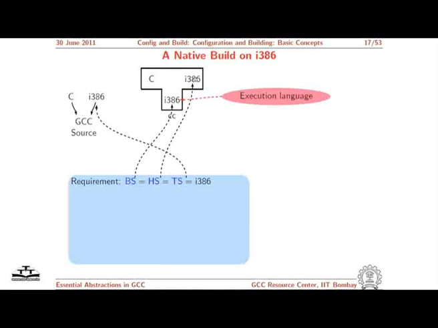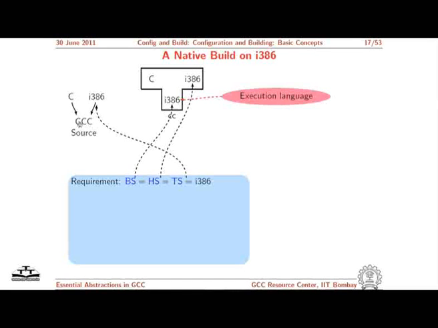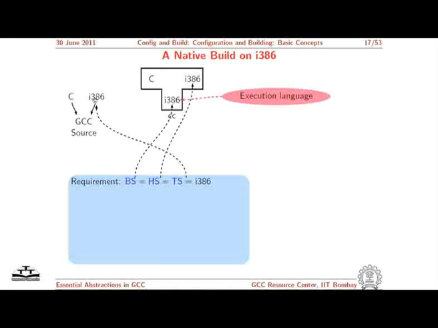The fact that the output language is i386 comes from the fact that my host system is i386. I'm going to compile GCC source and it has to run on i386. So therefore it has to be compiled with a compiler that generates i386 code. Right? And what dictates this choice? So I've given input language and I've given target processor. What dictates this as i386? Because I want my target system to be i386. So I fulfill all requirements of the parameters for customization, for configuration and building.